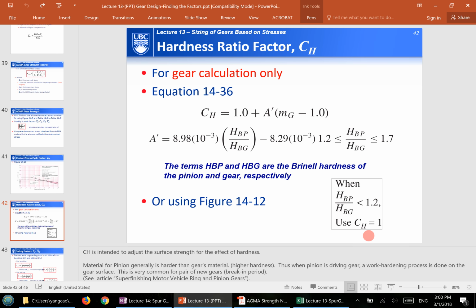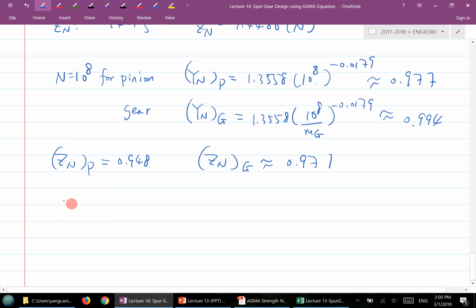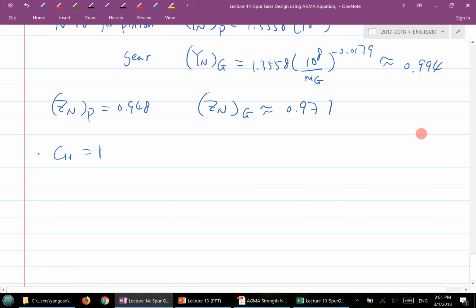So in our case, of course, we choose the same material for both pinion and gear, so that'll be 1. So this is just a factor to bear in mind. Often the hardness between the pinion and gear won't be too much of a difference, but just bear in mind there is this factor here for you to use.